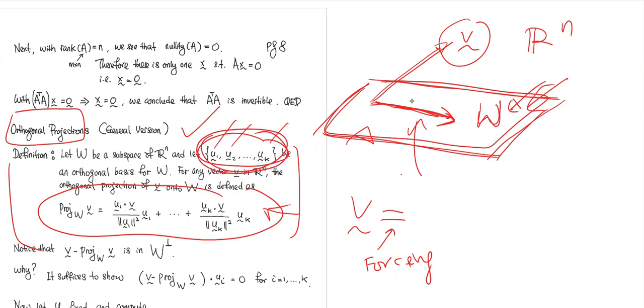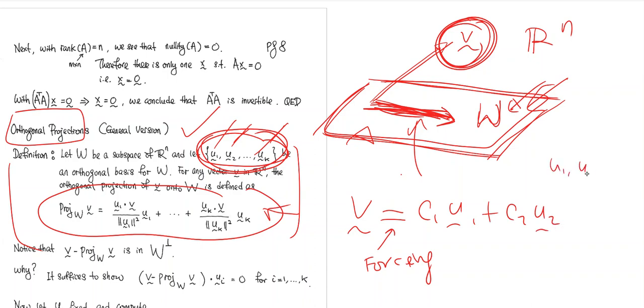So if this is a vector that's on W, you want to find out how much of v is on here. This thing that's on W can be written as a linear combination of these basis vectors. So this will be c1 u1 plus c2 u2, and so on and so forth. I'm just going to imagine that we only have u1 and u2, so that I don't have to keep writing, just for simplicity.